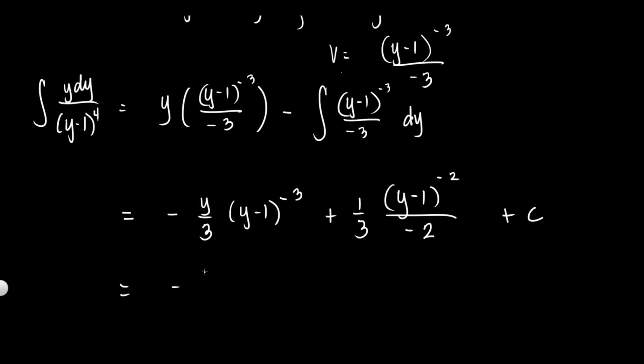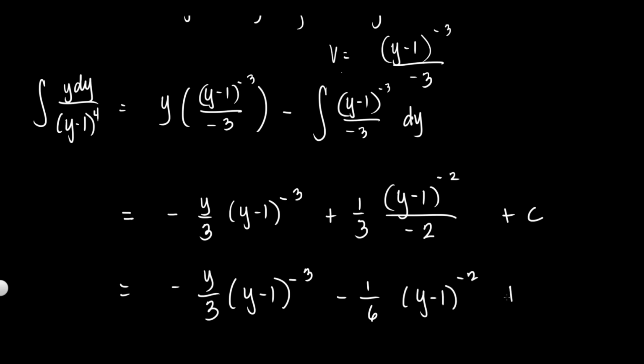Simplify: minus y over 3 times y minus 1 raised to minus 3 minus 1 over 6. We can move this down, right? Okay, it's fine. 1 over 6 times y minus 1 raised to minus 2 plus c.